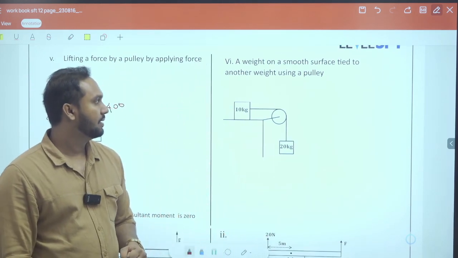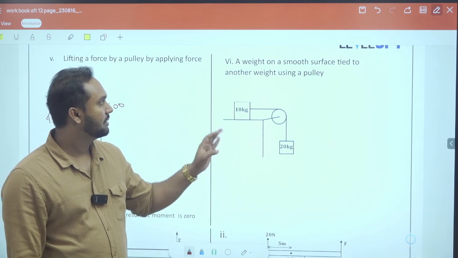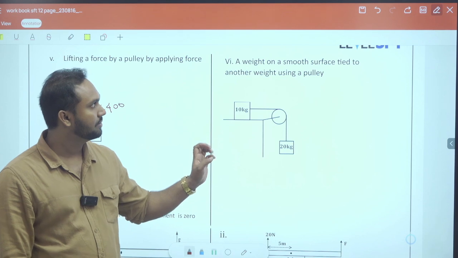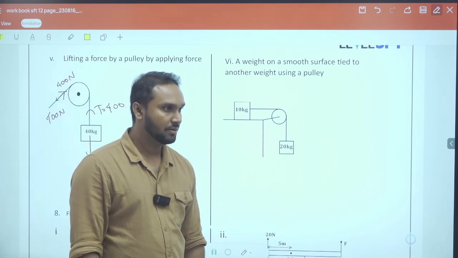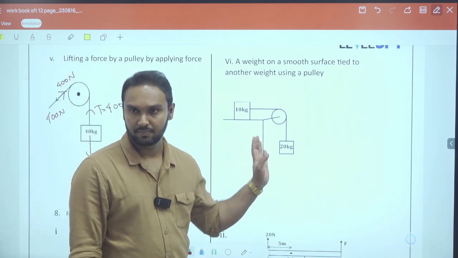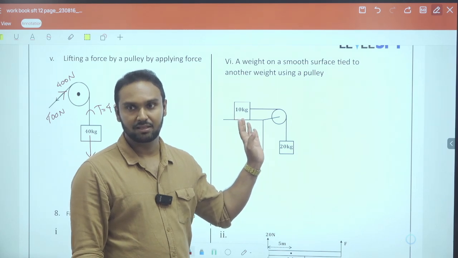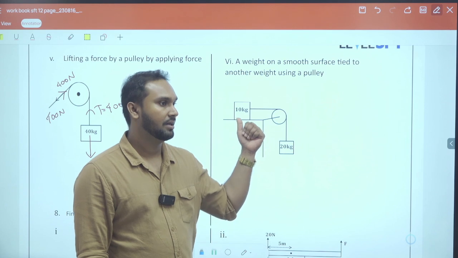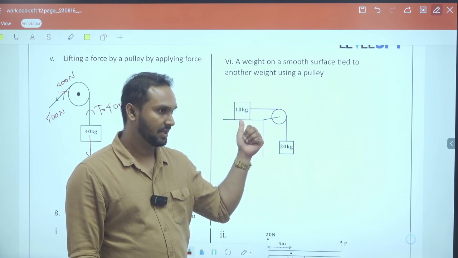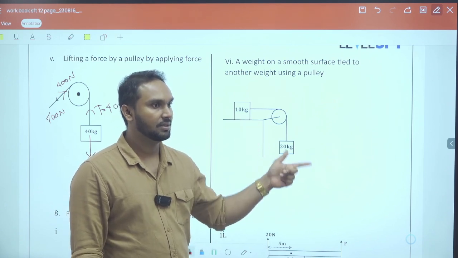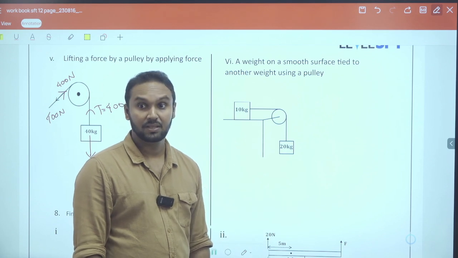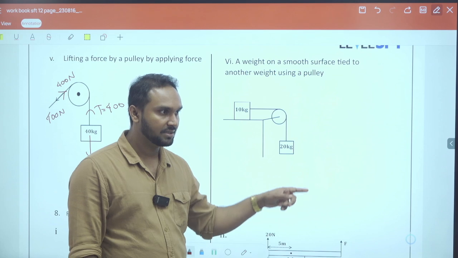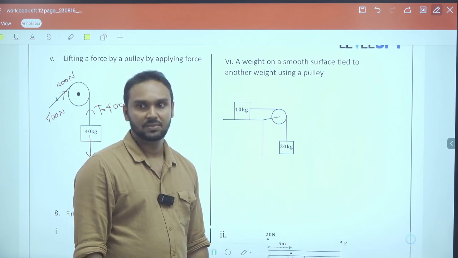Tell me this. Now this system, a weight on a smooth surface tied to another weight using a pulley, right? So no friction is also there, right? No friction there. So now tell me, would the weight of this object affect the acceleration of the system?